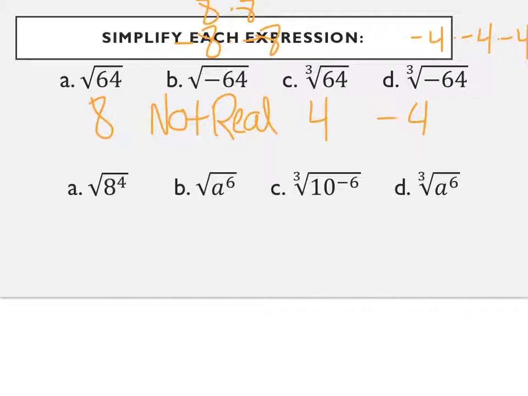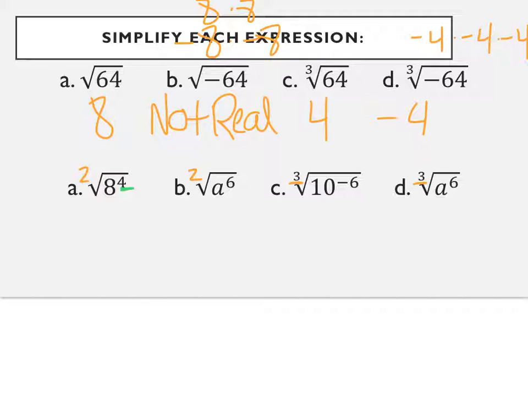Okay, moving on. When you have a square root or a cube root of something that has an exponent, a cube root has a 3 there. For a square root, we don't write it, but there's secretly a 2 here. And what this root does to the exponent is it divides it.